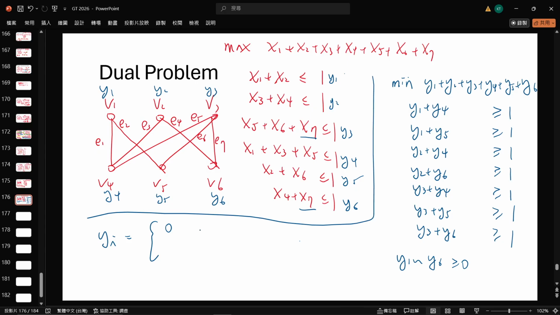If it's 1, this means Vi is chosen, and if it's 0, it is not chosen.